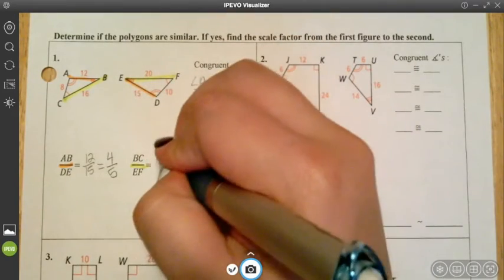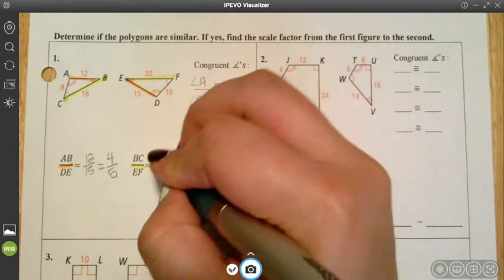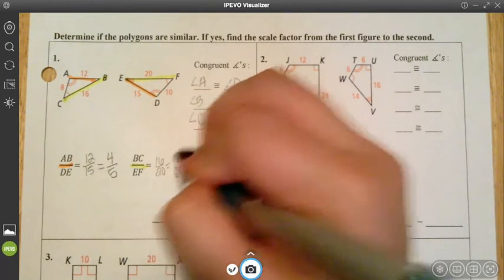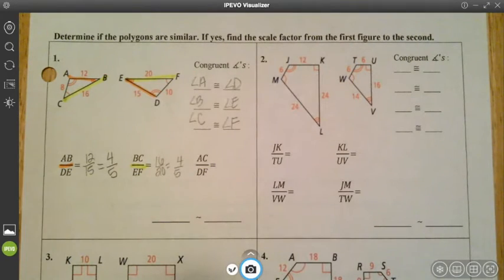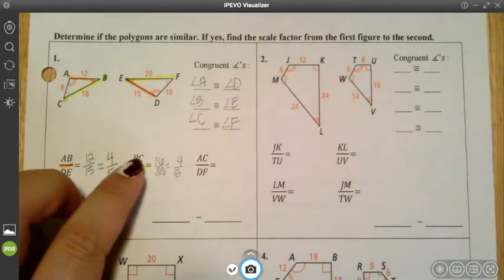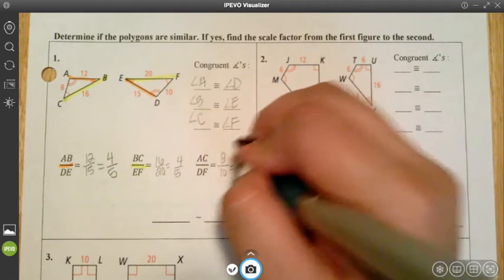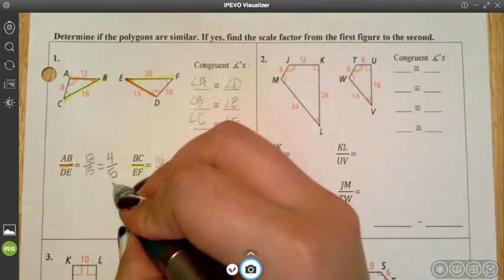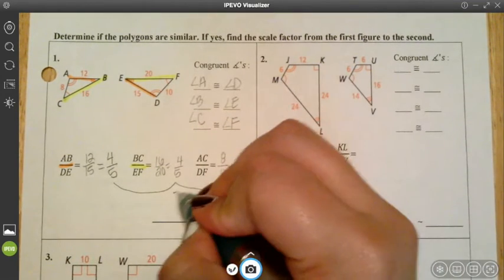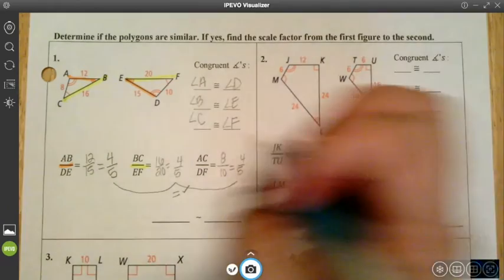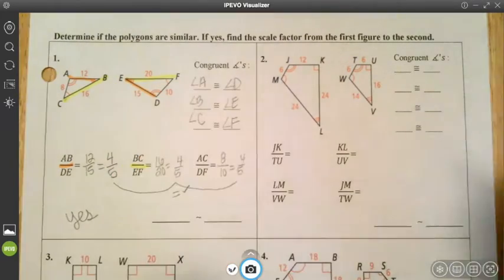That's 16 over 20, simplifying by 4. That gives us 4/5. So far, so good. They're equal to each other. And then the last remaining pair of sides, AC is 8, DF is 10. Simplifying by 2, that's 4/5. All 3 of those are equal, and therefore these are, yes, similar.